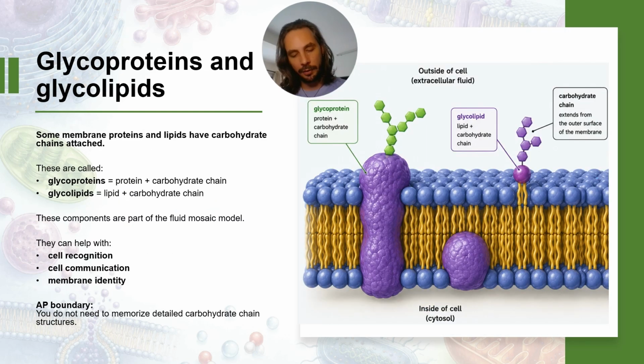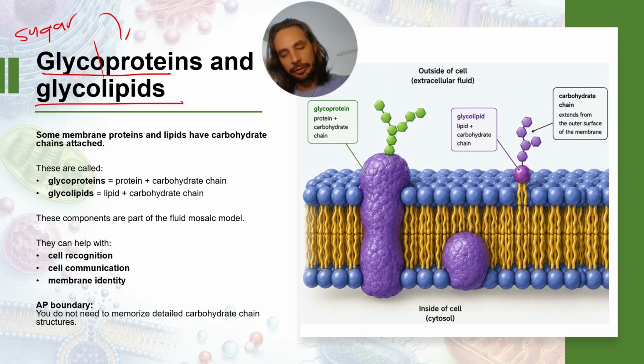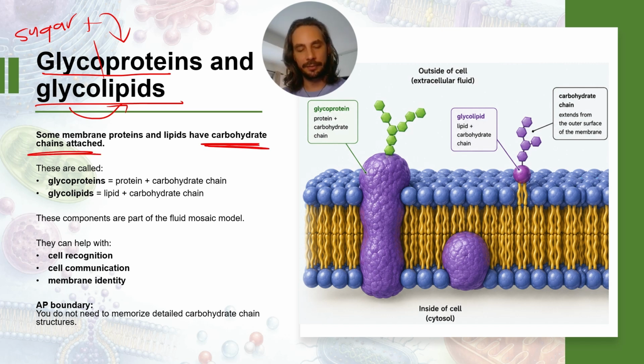The next up are glycoproteins and glycolipids. So remember, glyco means sugar, with proteins, and glycolipids means sugar with lipids or carbohydrates. So some membrane proteins and lipids have carbohydrate chains attached. Okay. Now, glycoproteins is a protein with a carbohydrate chain.